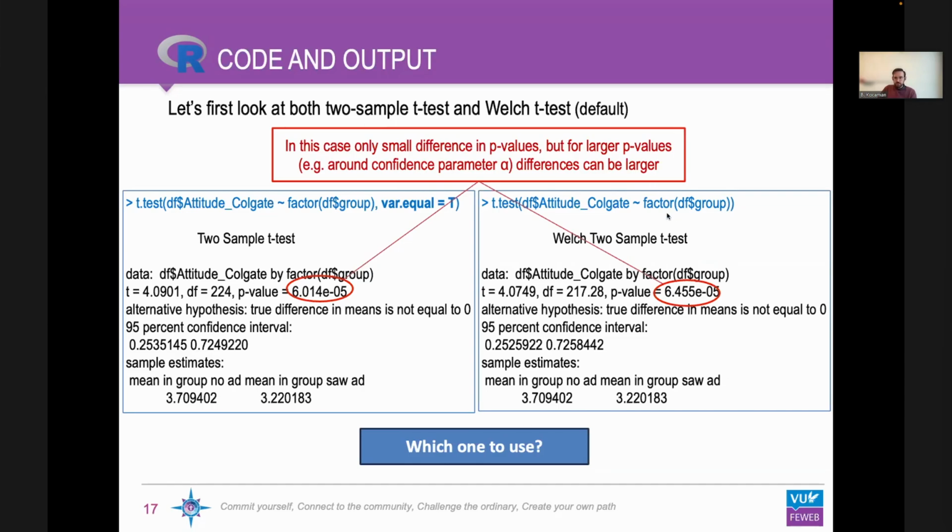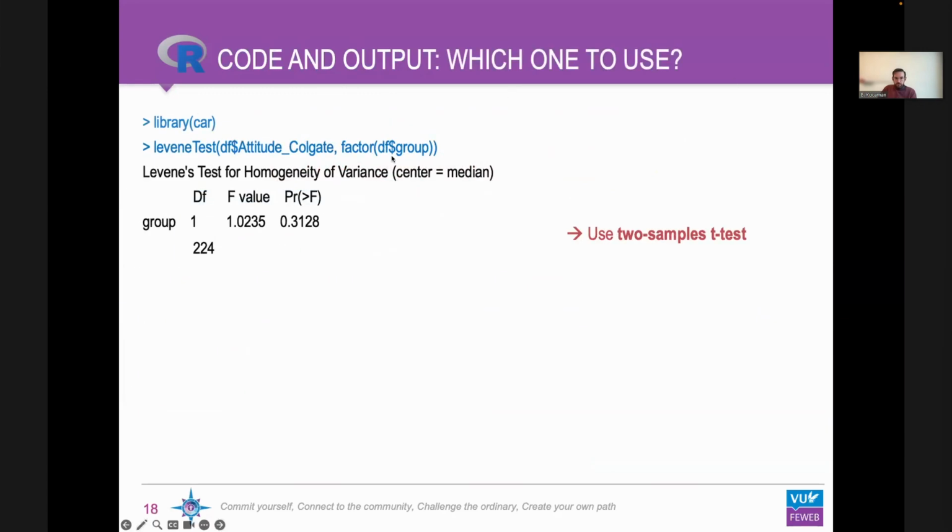For the purpose of the course, when you see two outputs of t-tests, the Welch t-test or the two sample t-test that assumes equal variances, you need to know which one to actually use. For that, we use Levene's test. Levene's test is within the car library.